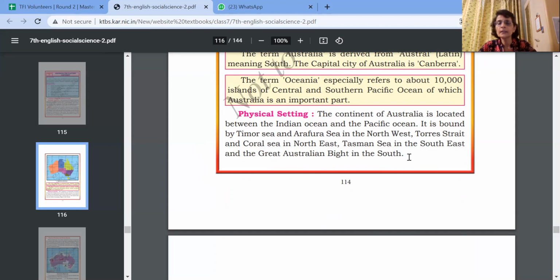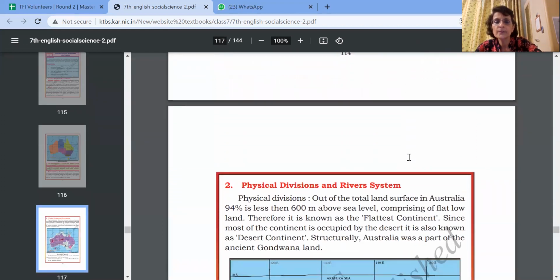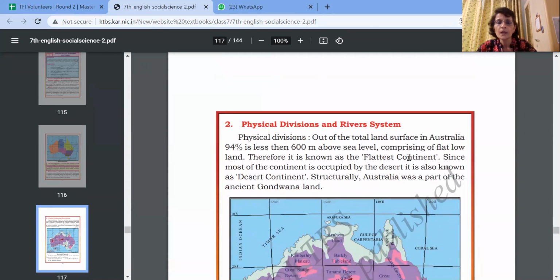So while you're learning this, refer to the map so that you get an idea of where each sea is situated. Now let's go to the physical divisions and the river systems of Australia.